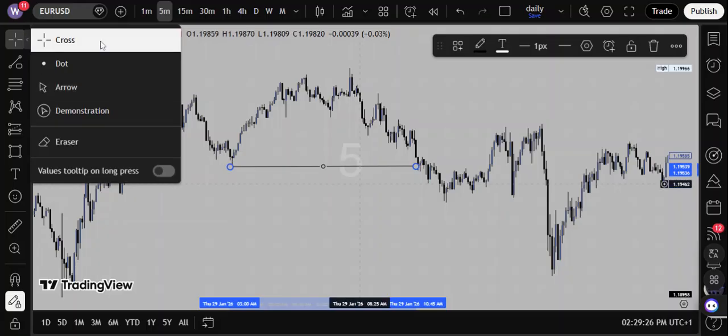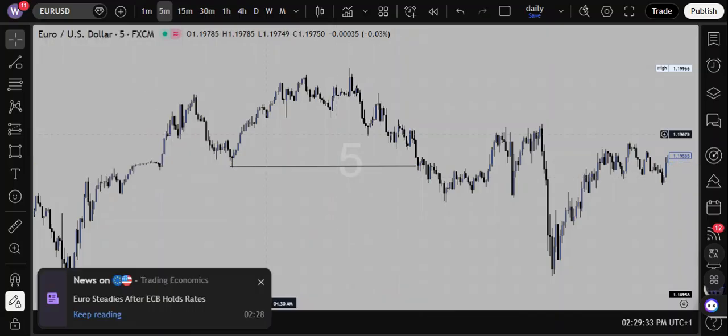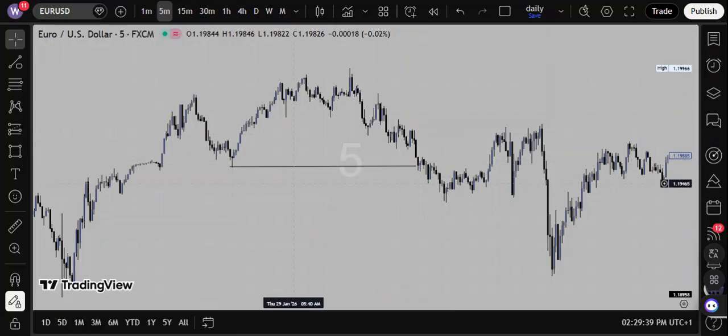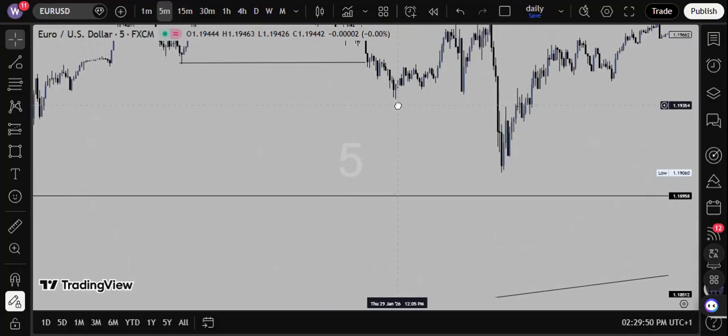So we have this liquidity being swept out at this point. We have liquidity here. You can see price respect all of these liquidity areas.